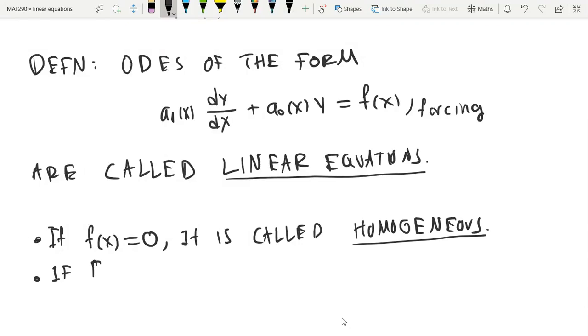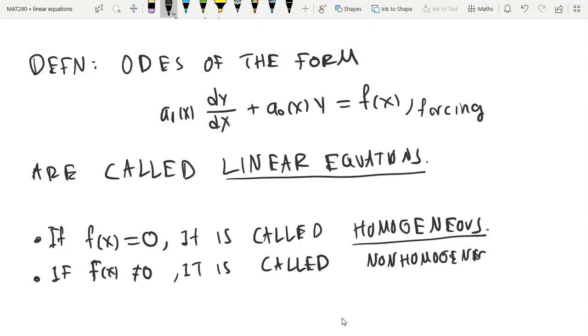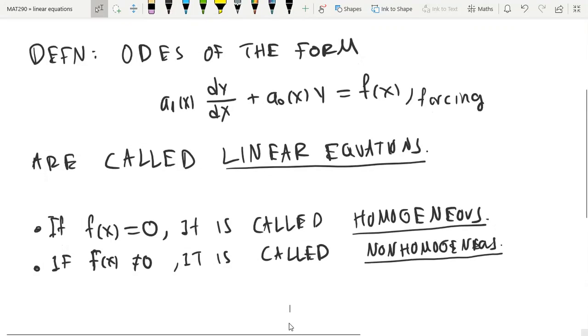If the forcing is not zero, it is called non-homogeneous.